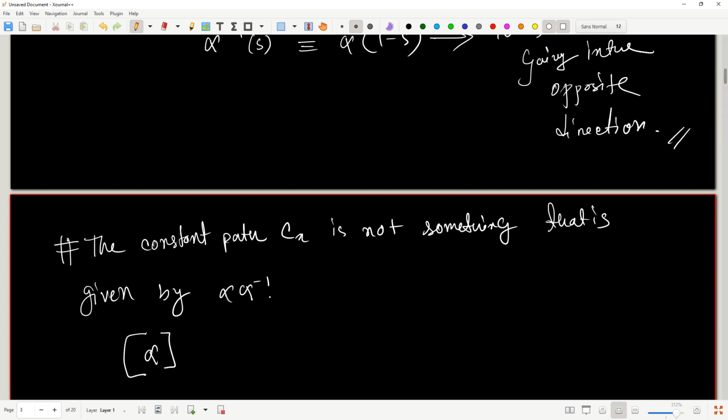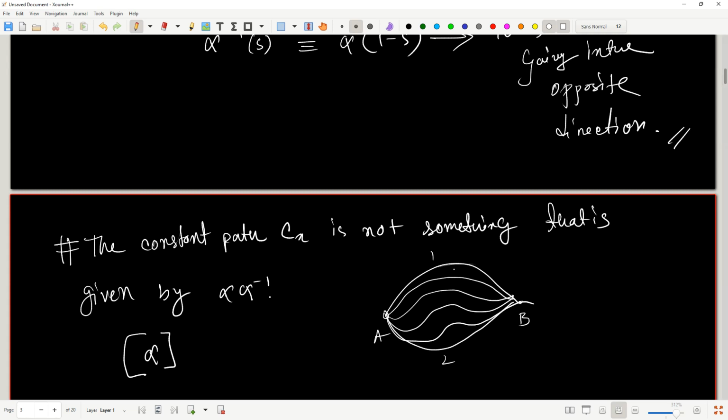If alpha is a path, then we are talking about the equivalence class of those paths. Like, let's say this is a point A and this is another point B, right? I can have, let's say, path 1, path 2, and I can have more family of paths in between, let's say 3, 4, 5, 6, and you can think of it like this: if you start with this, you can continuously deform this curve and make it 2, or you can take 2 and continuously deform it to make it 4, and vice versa.